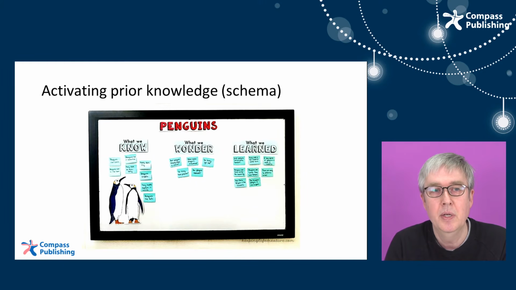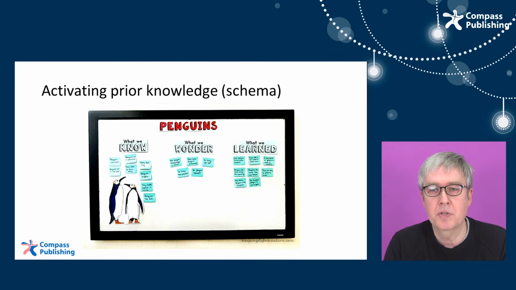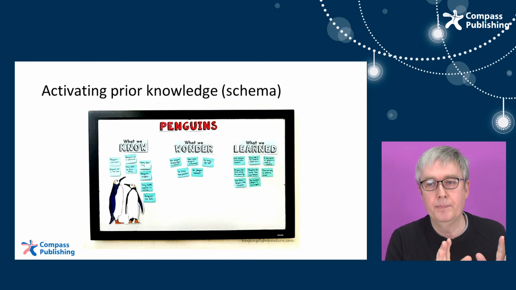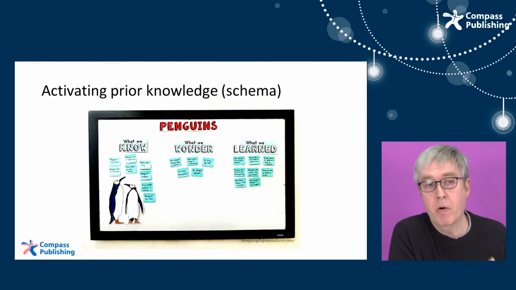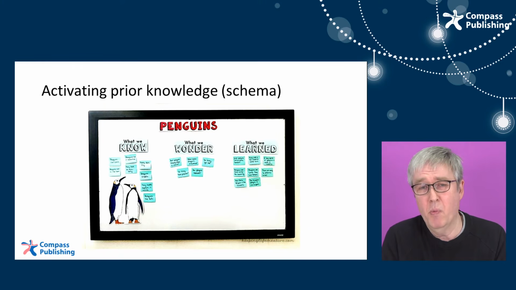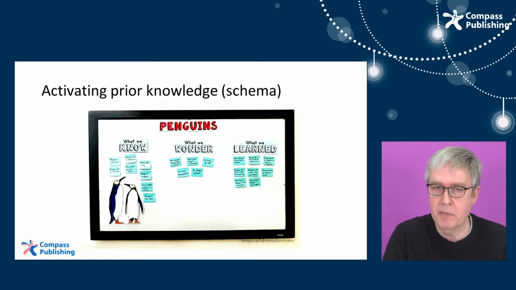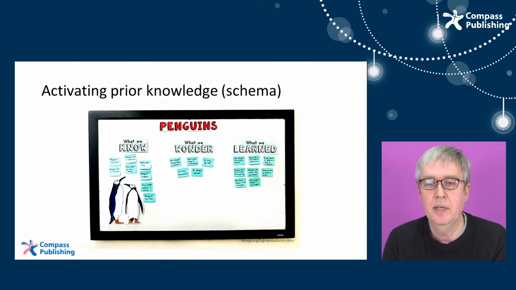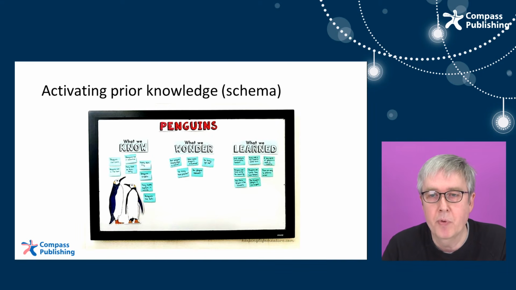They put the topic at the top of the whiteboard, and students put Post-it notes about what they already know and what they wonder about the topic, and then after the input or activity, what they learned. So this can be done in two stages, as a pre-activity and as a post-activity. Again, this activates their schema and gets them ready for the activity.